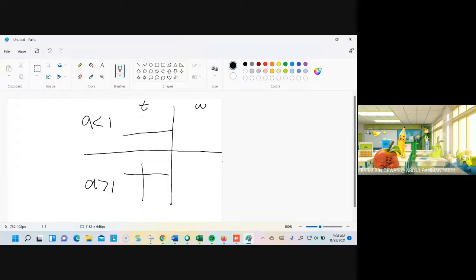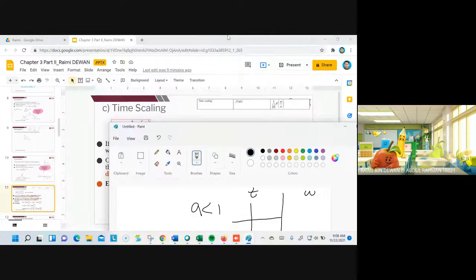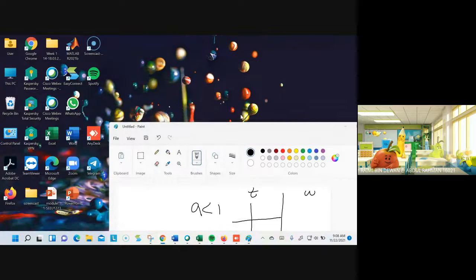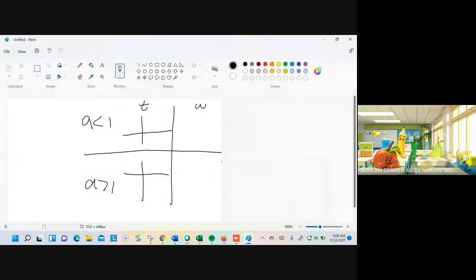Maybe I create a graph so that you guys can imagine it.